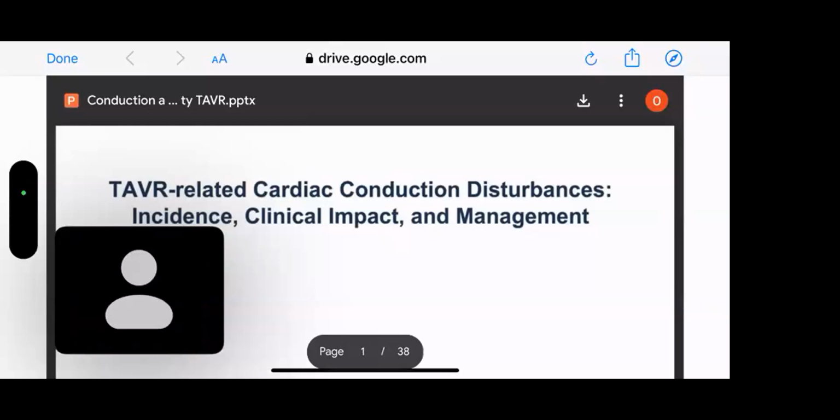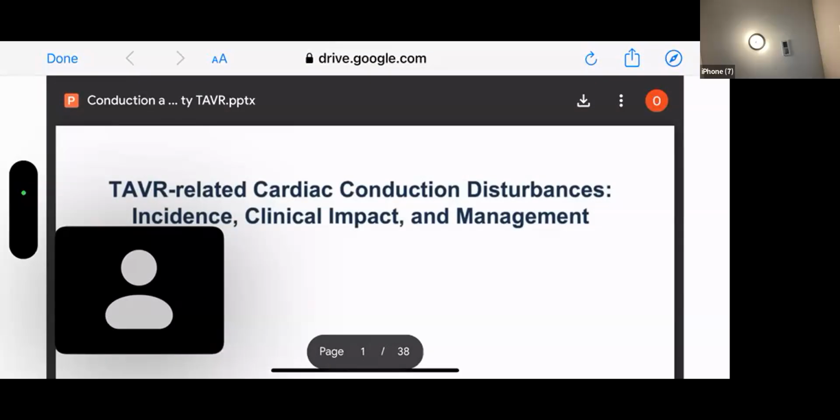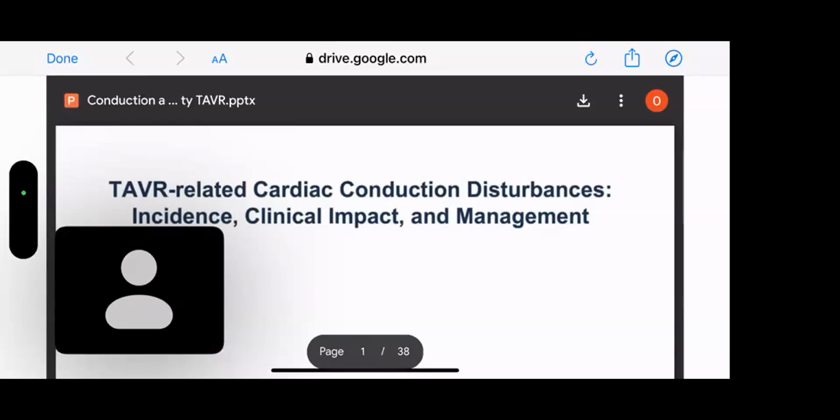For following up of these patients after TAVI, especially those that have self-expanding valves, is there any risk that maybe months to years after the implant, they may end up having a conduction abnormality? That is one.